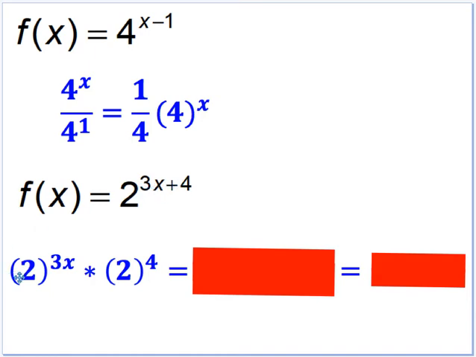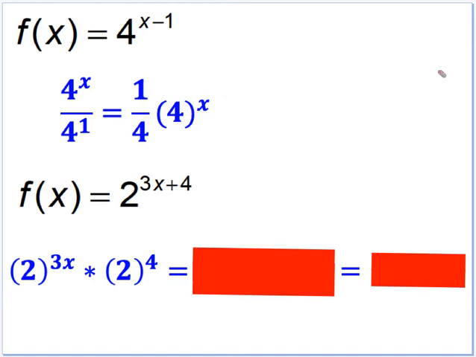I'm going to have 2 raised to the 3 times x power times 2 raised to the 4th power. We'll find that this is going to eventually move up front. I can go ahead and calculate that out, and I just have 2 times 2 times 2 times 2, which gives me 16.